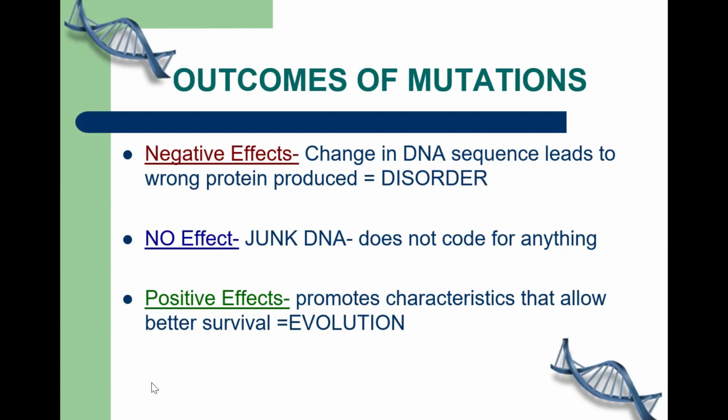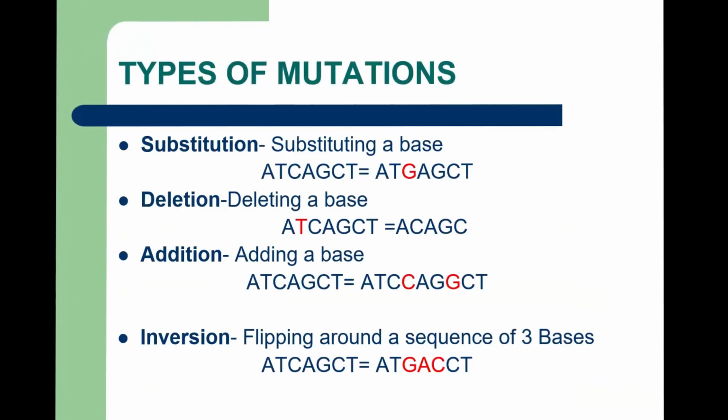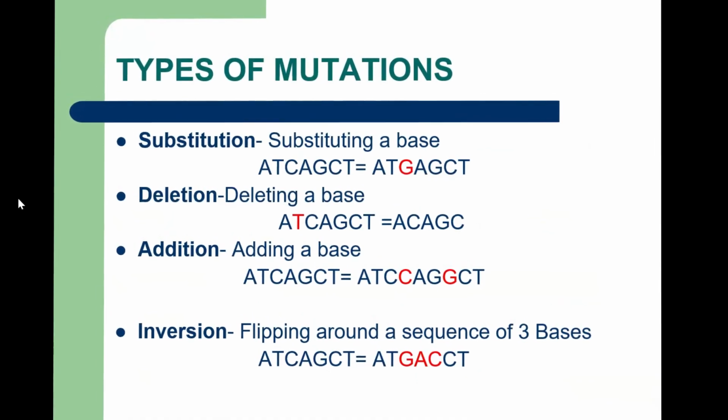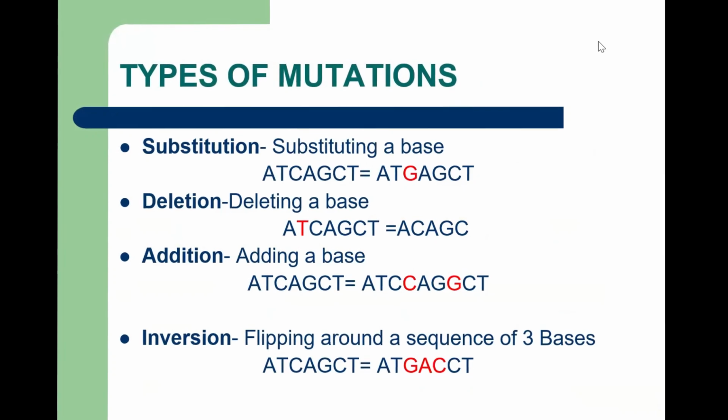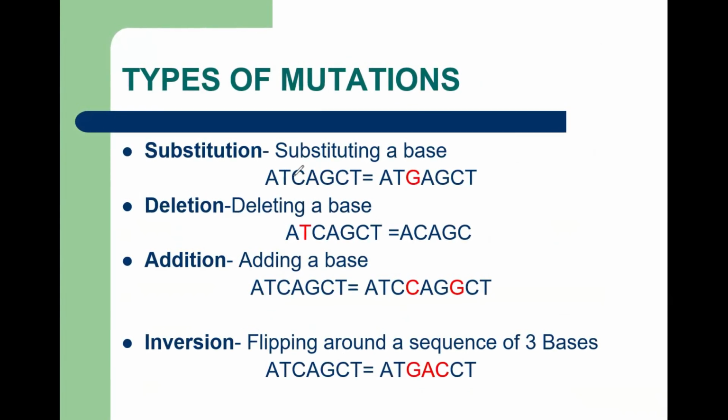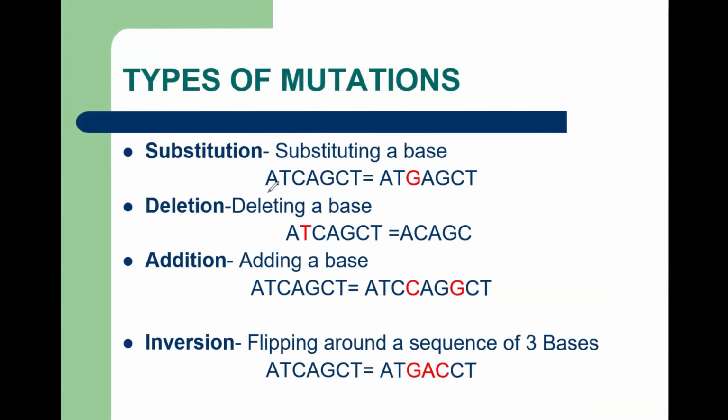We have types of mutation: substitution, deletion, addition, and inversion. For example, these are the sequences of the nucleotides: A, T, C, A, G, C, T. When we say substitution, it means substituting a base: you remove one base and substitute it with another.